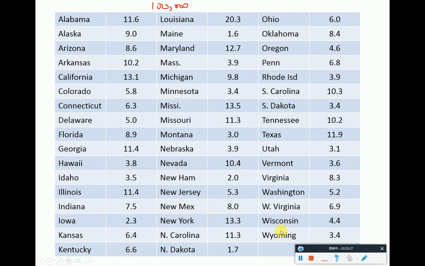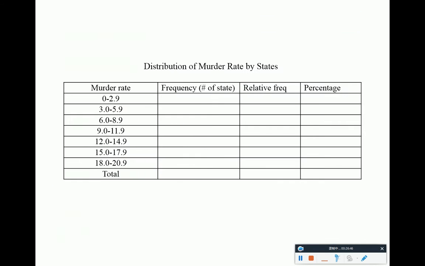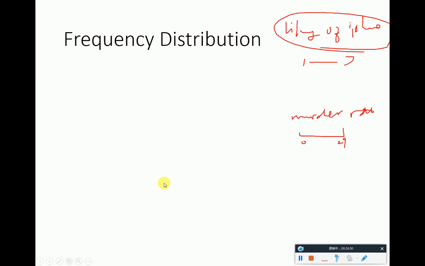In this case, 50. Well, if we're going to tally the murder rates across the world, when you have 200 plus countries and geopolitical regions, then you have 200 plus numbers. That simply is too many, right? In that case, using intervals will be very useful. Okay.